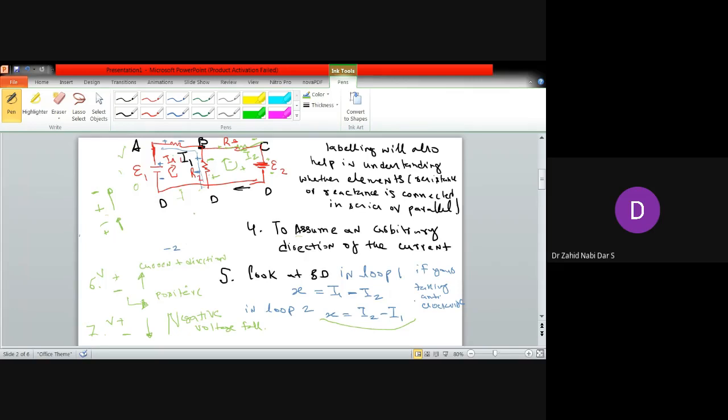So here it would be x into R2 plus I2 R2 plus E2 is equal to 0, because the algebraic sum of all the falls is equal to 0.